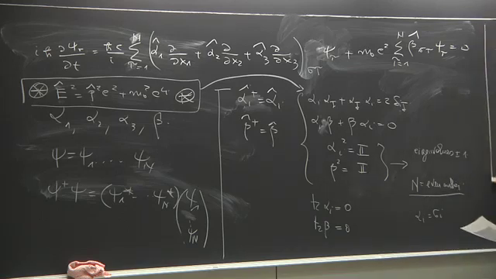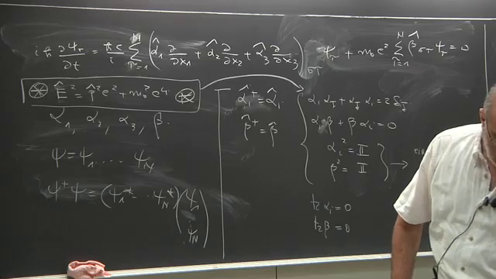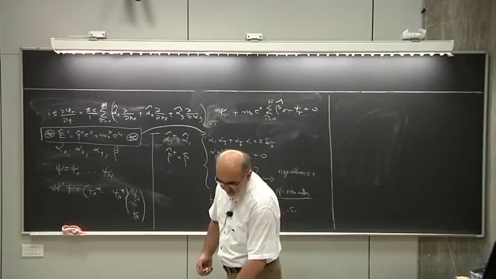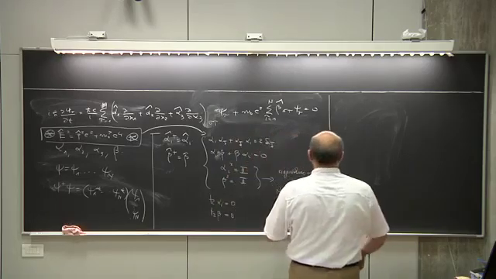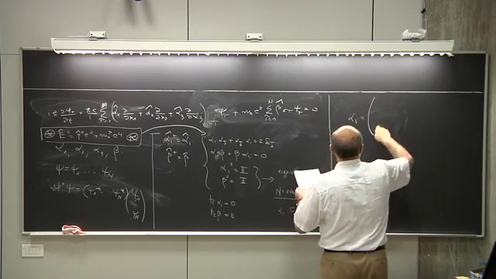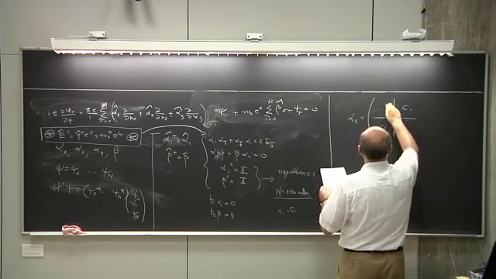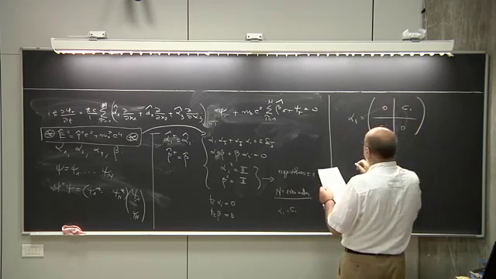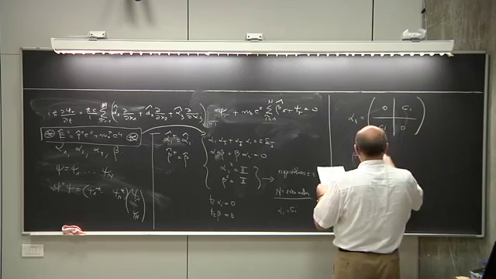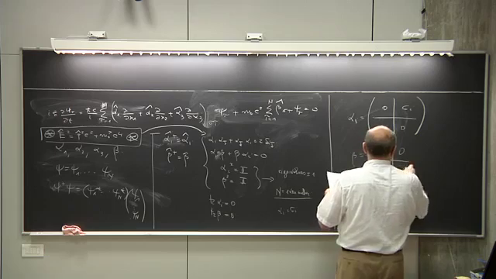Now, we also found a realization of this. The sigma matrices are not okay, but there is another realization that works, and it is the following: alpha i equals the block matrix with sigma i and 0, 0 and sigma i, where the sigma i are the Pauli matrices, and beta equals the identity and minus the identity.